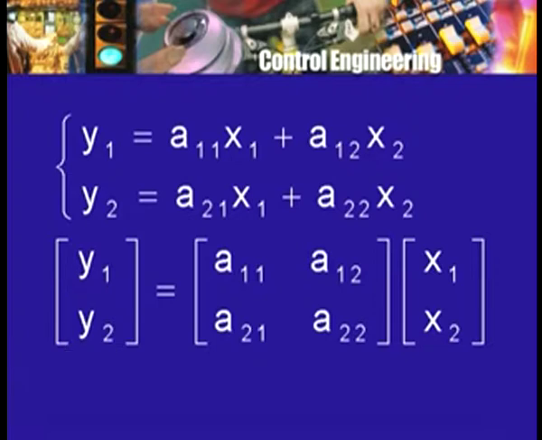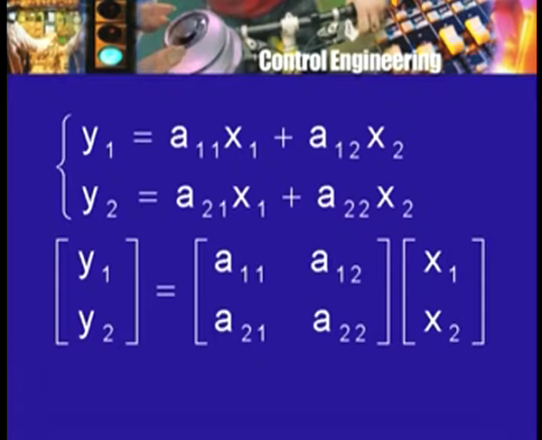Here are the two outputs y1 y2 now put together as a single vector. So, I think of y1 and y2 as one vector, but with two parts y1 y2, x1 and x2 as one vector with two parts x1 and x2. So, here is the input, here is the output, and here is the matrix of coefficients that is involved in the relationship.